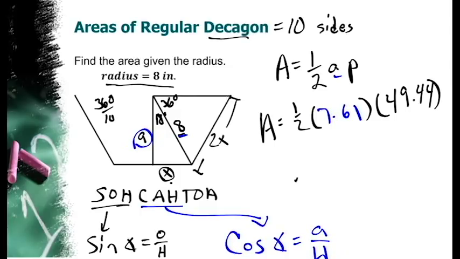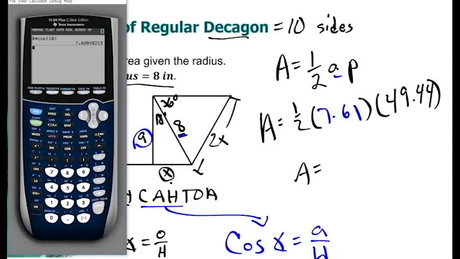We can find our area. It's just a simple calculation with your calculator. We'll clear that out. Half times 7.61 times 49.44.